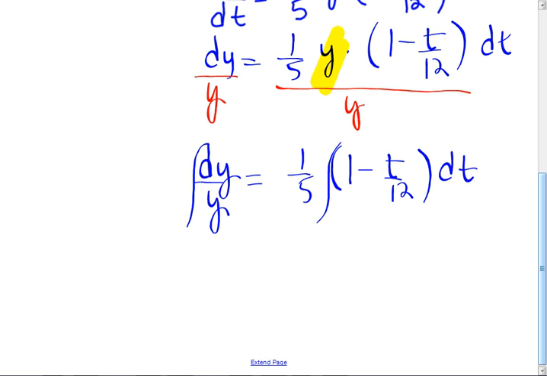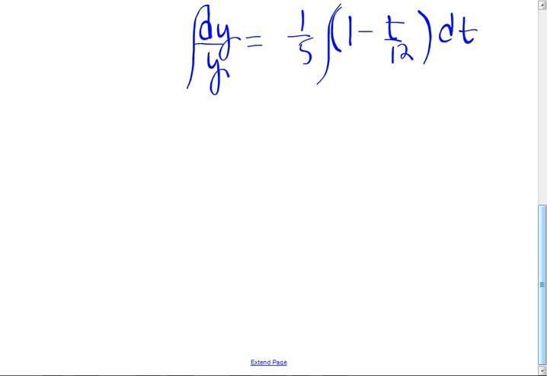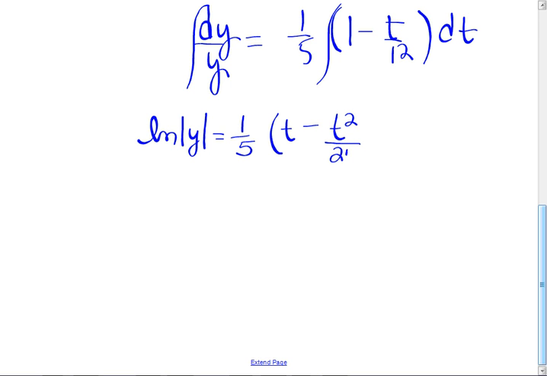What's the antiderivative of the left side? ln of the absolute value of y equals 1/5. The antiderivative of 1 is easy. What's the antiderivative of 1? t minus t squared over 2. So it's t squared over what? 24.